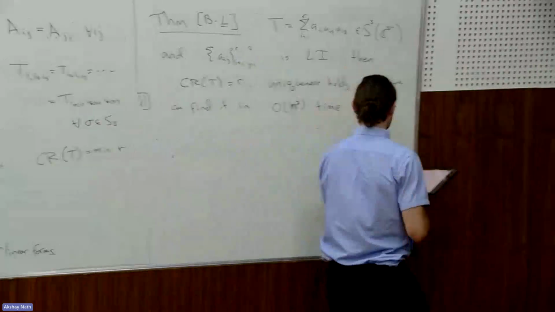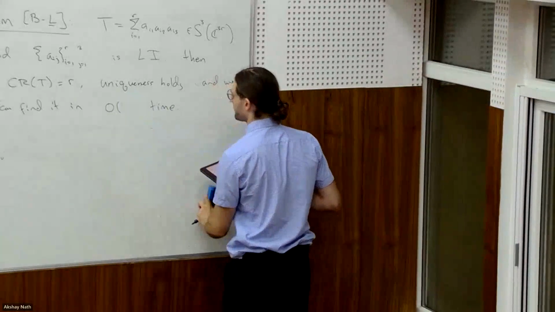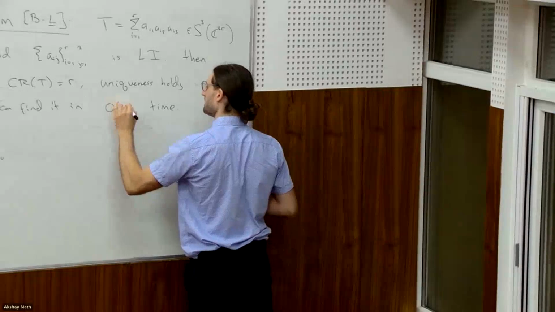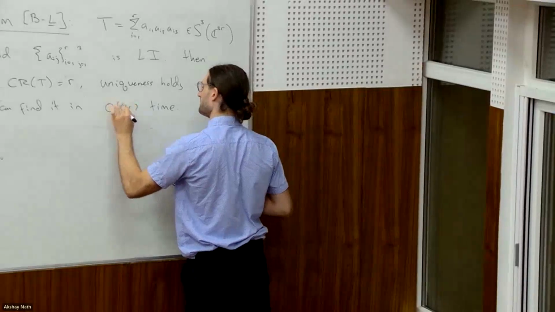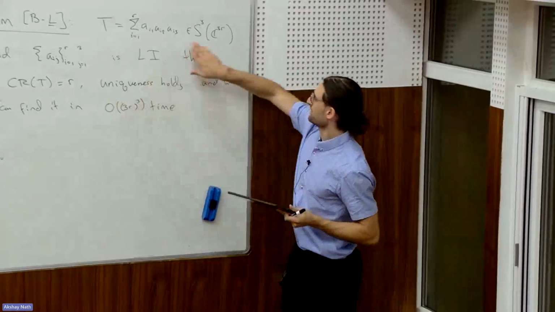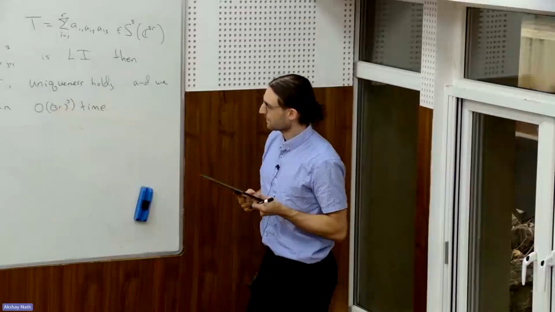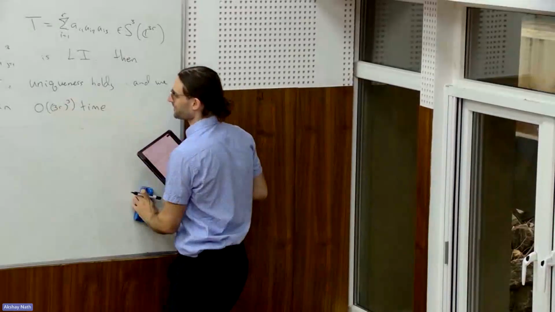Right, n is 3R, so this would be 3R to the third. So the dimension of this space is order R cubed, so I can just write order R cubed.